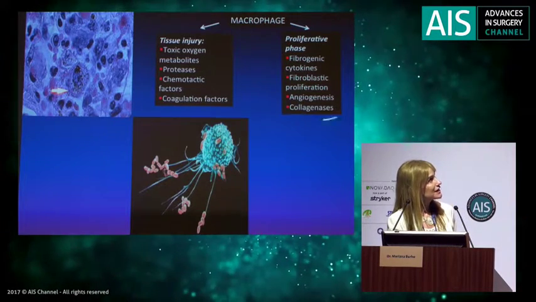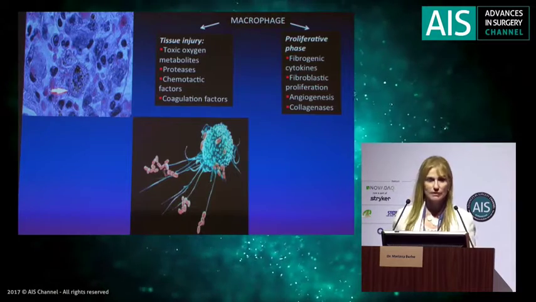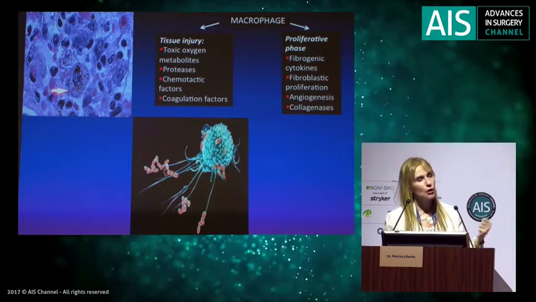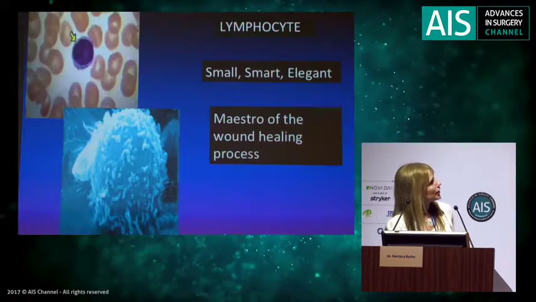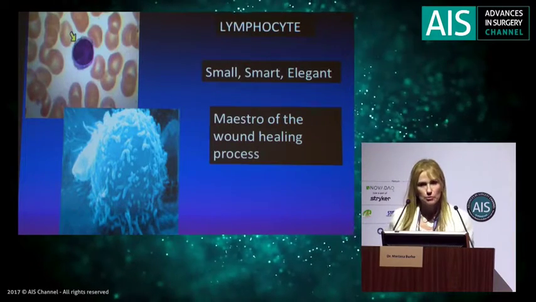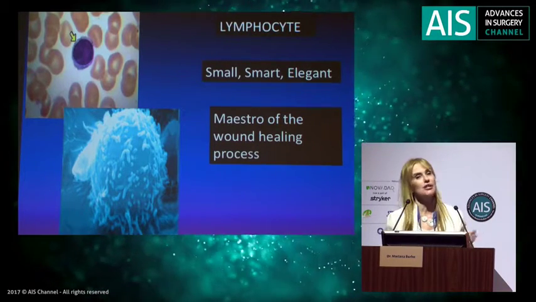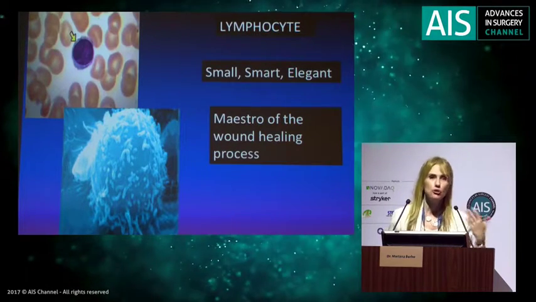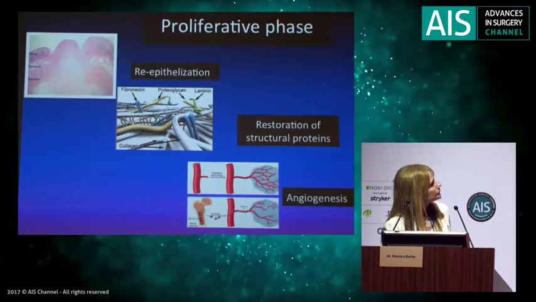The difference is that the macrophage starts that proliferative phase releasing some agents that are going to call the fibroblasts and myofibroblasts. And as I was telling you, the one that knows what's going on is the lymphocyte that is going to say, stop, the wound healing process is done, now we need to start proliferating.